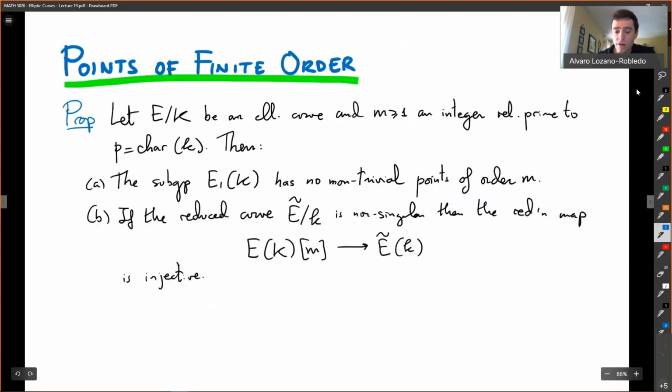So let's get started. What I wanted to prove, which I stated last time, is this proposition about points of finite order.